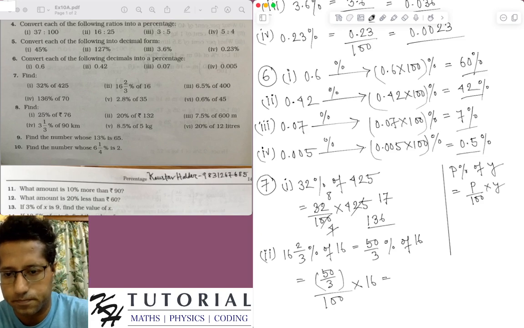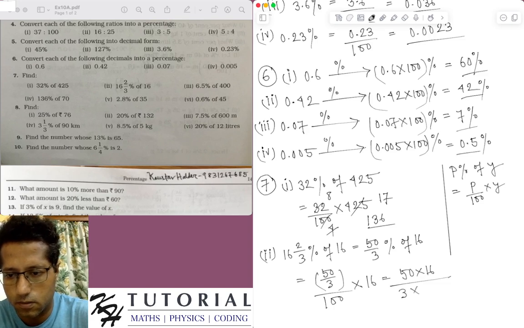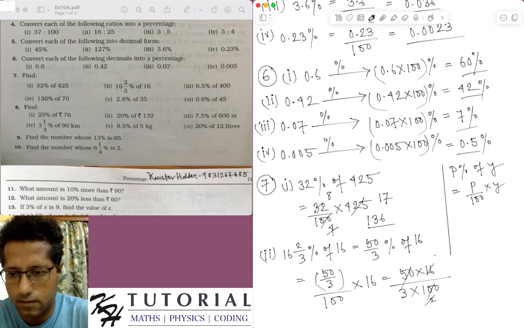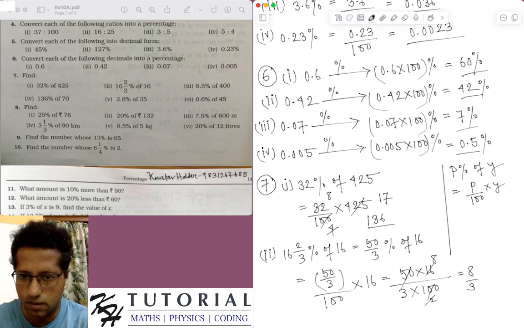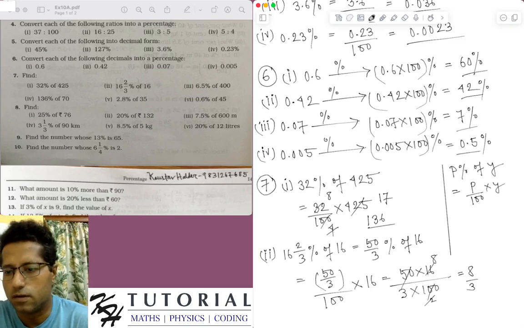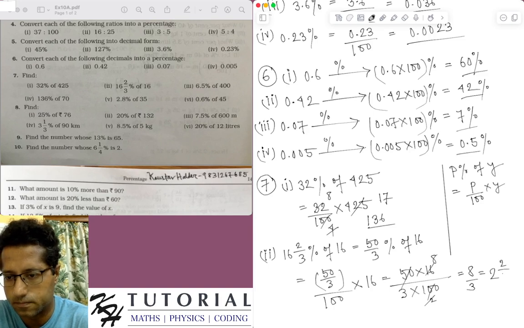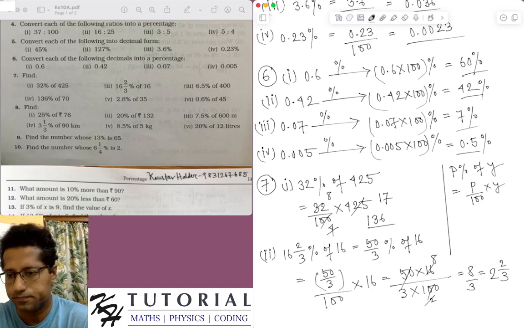This is equal to 50 multiplied by 16 divided by 3 into 100. This is 2, this is 8. So this is 8 by 3. Now since we can convert it to a mixed fraction, this will be 2 and 2 by 3. Okay.